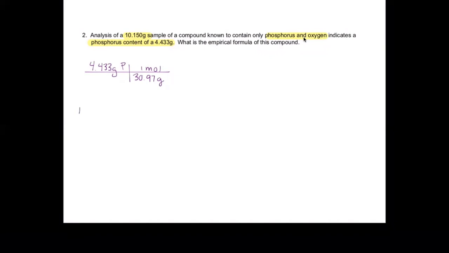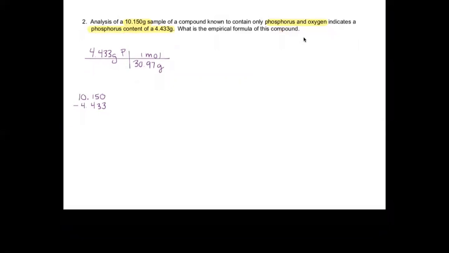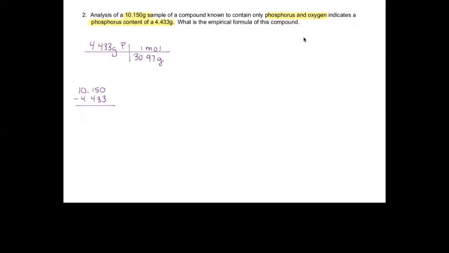I need to take the total amount minus how much I know phosphorus makes up to figure out how much oxygen I need. And so here I get that the total of oxygen is 5.717. So a lot of times, like I said, you're going to be given the total amount, but it's not always relevant. In this case, we needed to use that.